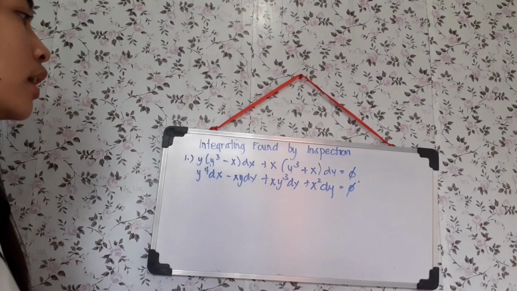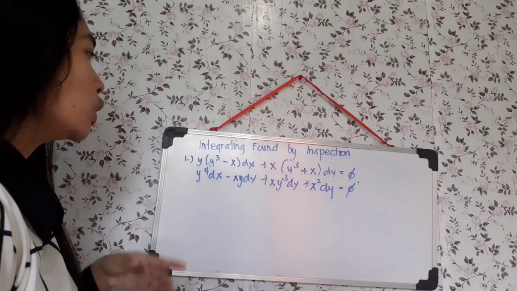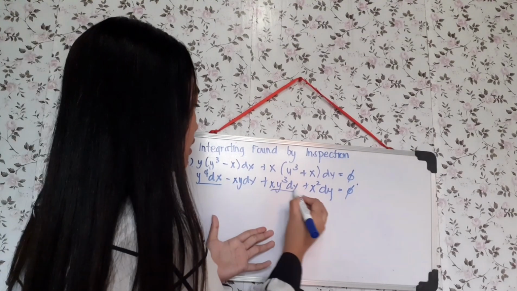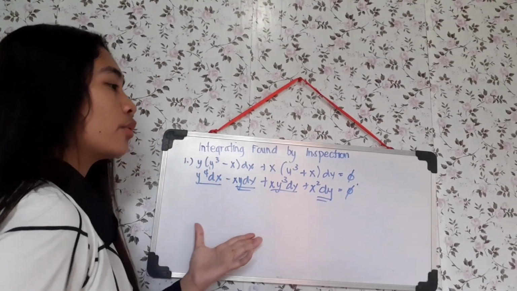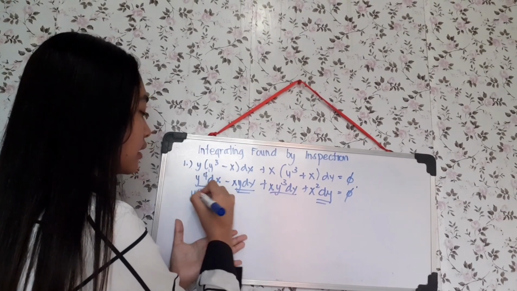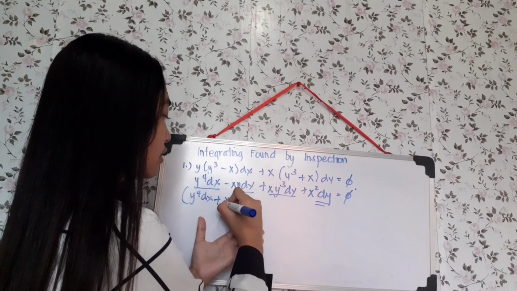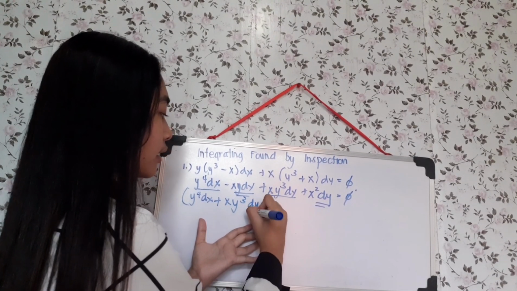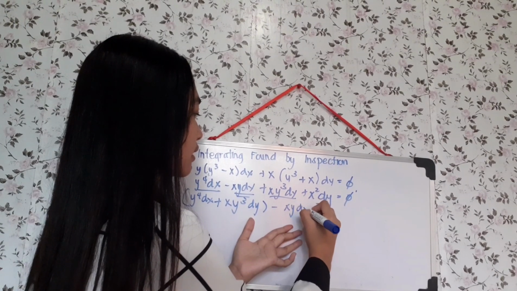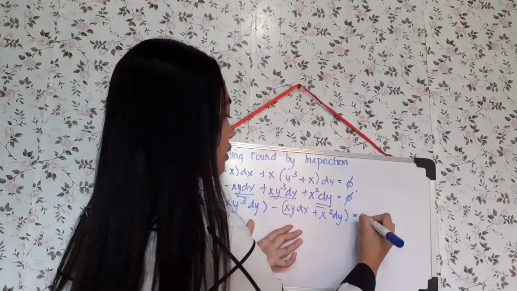Then the next process is to combine the like terms. So this and this, then this and this. So it becomes y to the 4th dx plus xy cubed dy minus xy dx plus x squared dy is equal to 0.